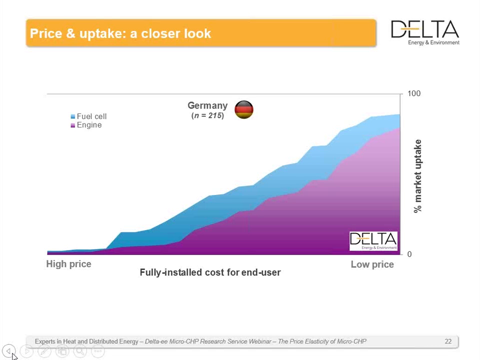Again, if you were a retailer or anyone looking to sell micro-CHP, you would word it differently, and that would have, we believe, an impact on how likely customers would be to install products. So again, it's the whole area of marketing and how you reach out to customers and how you really focus the value for them, how you help customers visualize the value of micro-CHP.